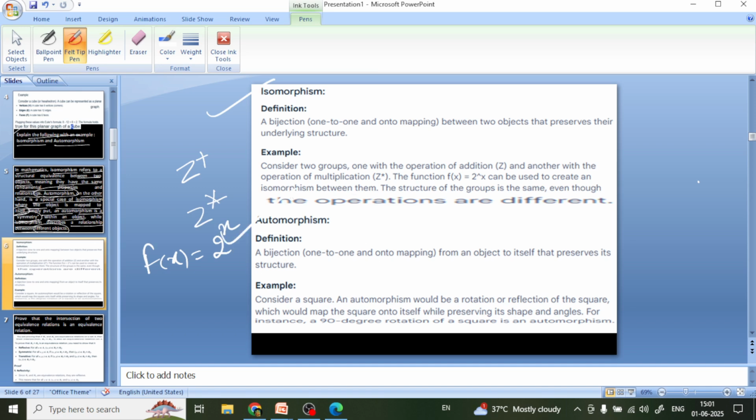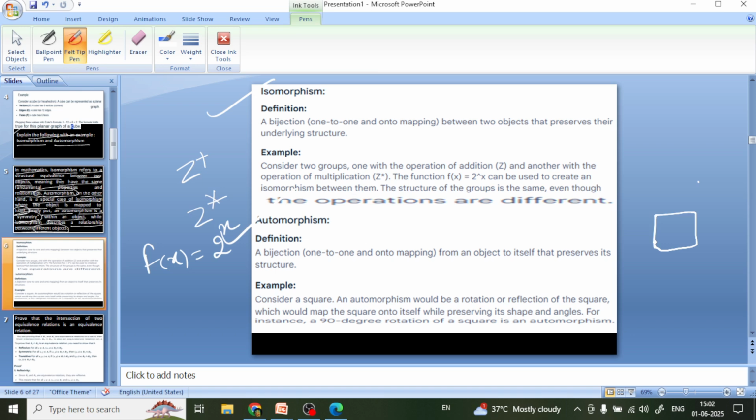The second one is automorphism. A one-to-one onto mapping from an object to itself. They preserve its structure. For example, a square. This is a square, in which an automorphism would be a rotation or a reflection of the square.